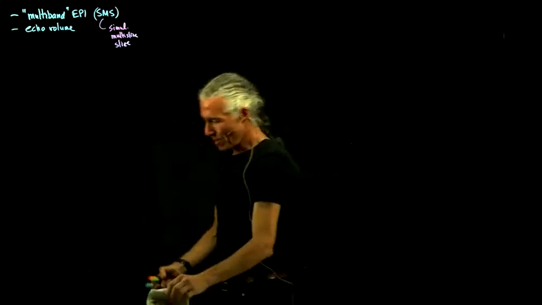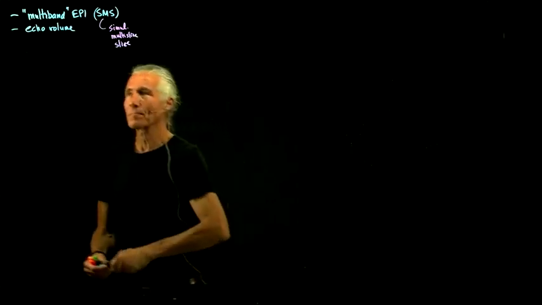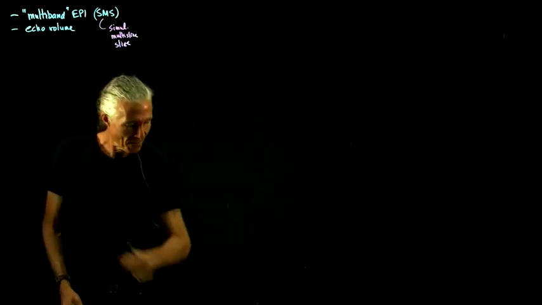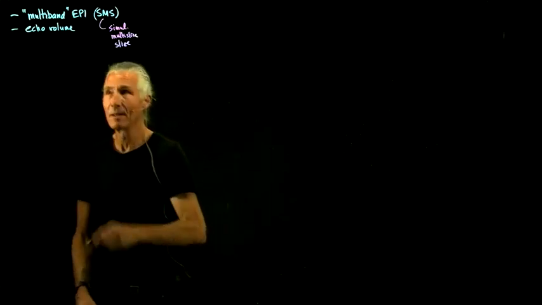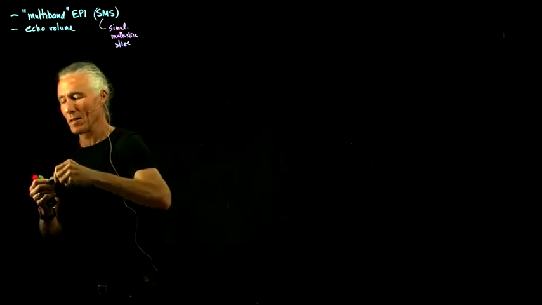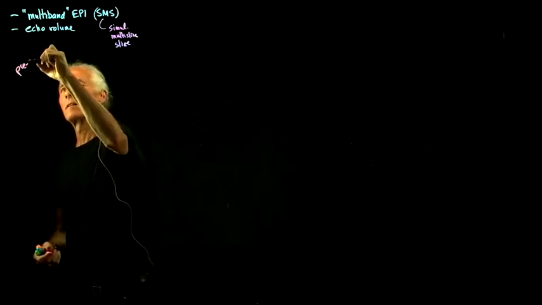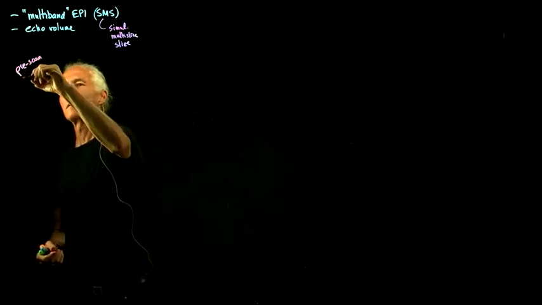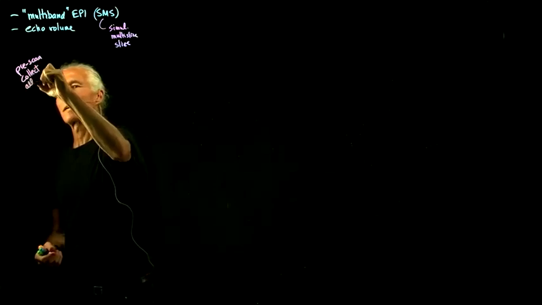So the idea of regular GRAPPA is first you do a pre-scan, before the main scan, collecting all k-space, all lines.